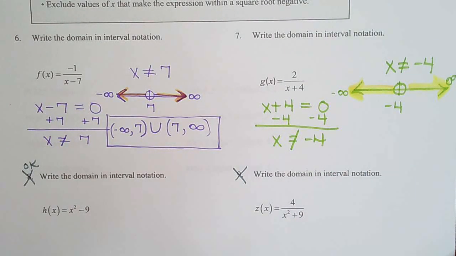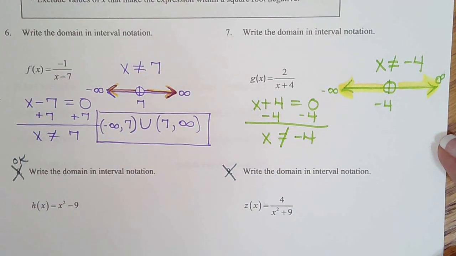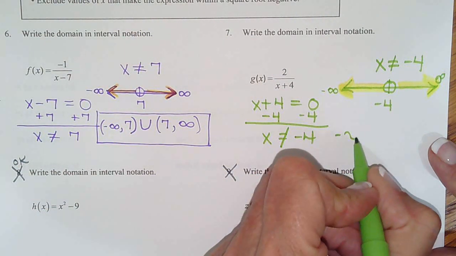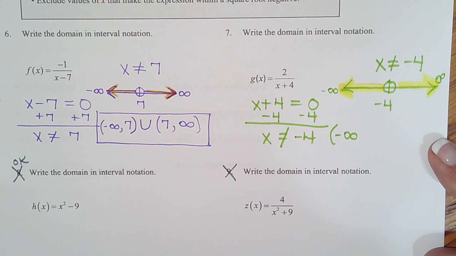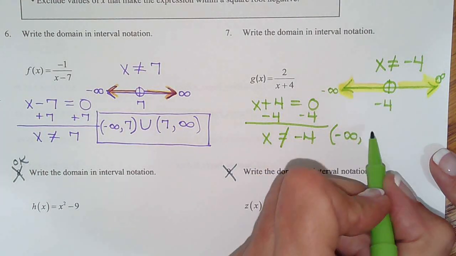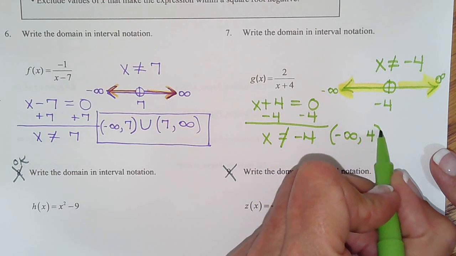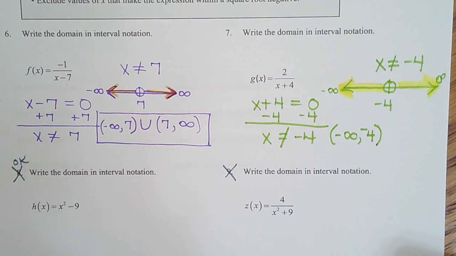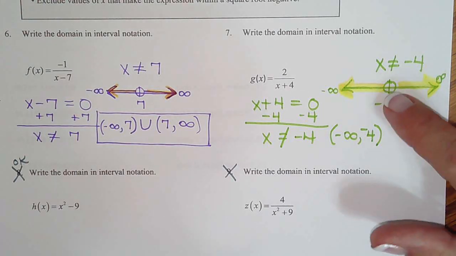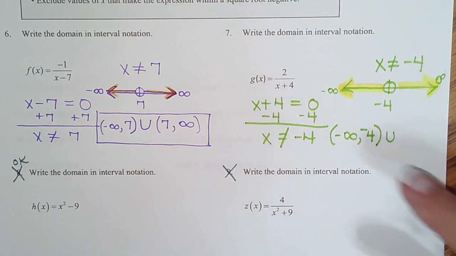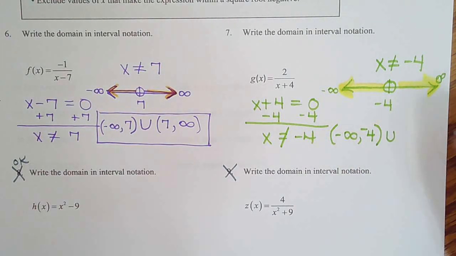And remember, order and shape of your brackets and parentheses match. So first we have a negative infinity, and we learned infinities always get parentheses when we did inequalities. And then it stops right before -4, but it never equals -4 because there's a gap in the domain. We have to use the U to say it's this interval and this.